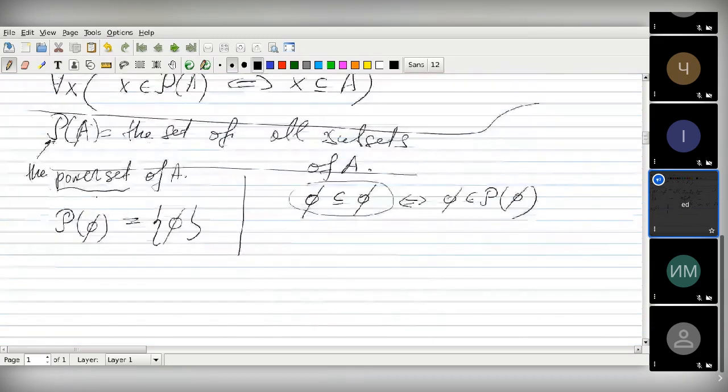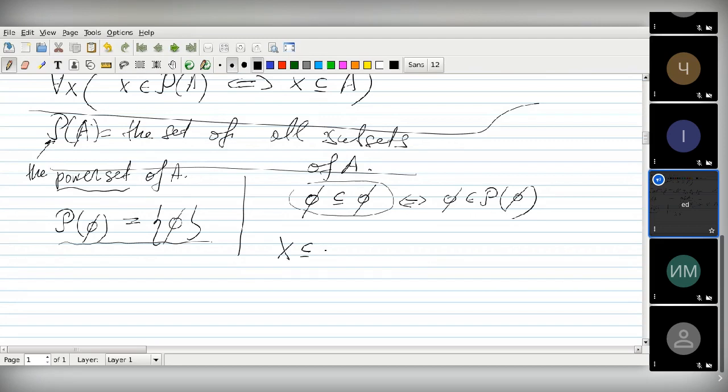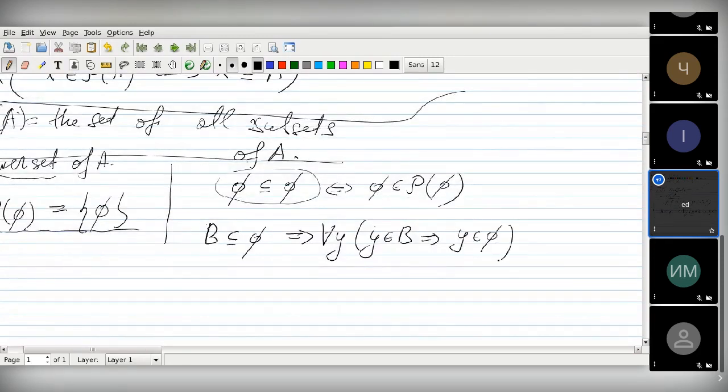I want to prove that there is no other subset of the empty set. That's clear. Assume that some X is a subset of the empty set. What does it mean? That means that for every y, if y is an element of B, then y is an element of the empty set.